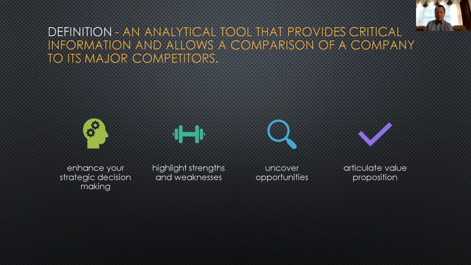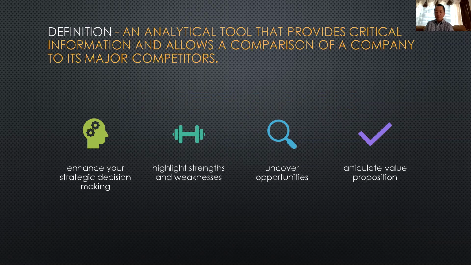It also highlights strengths and weaknesses of your company as well as your competitors. And then it uncovers opportunities where you can develop strategies to be more competitive, by just looking at this matrix and seeing some opportunities.